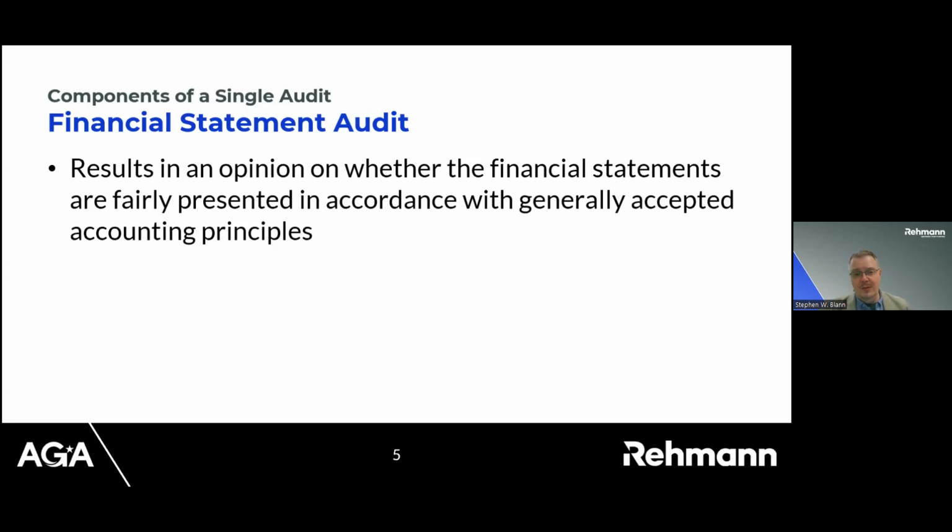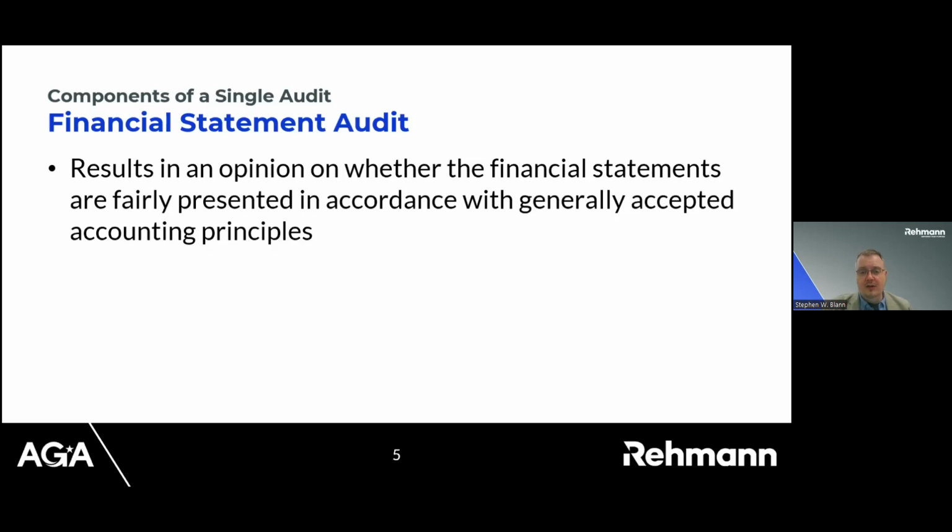It's important to remember that a financial statement audit is not trying to answer the question, is this entity in good or poor financial health? You can determine that for yourself by reading the statements. The auditor's opinion is driven based on whether the financial condition that is displayed in those financial statements is accurate.